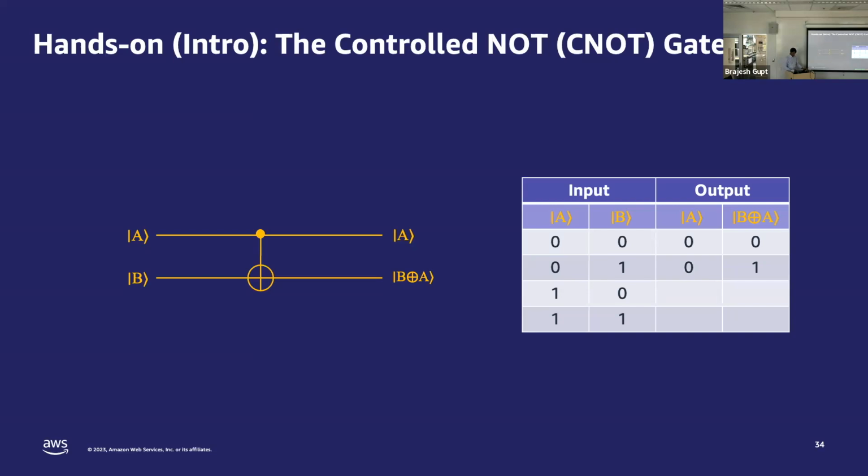Okay. Now, can we guess the output in the third line? Zoom participants can feel free to either say it on the mic or just write in the chat. 1 1.